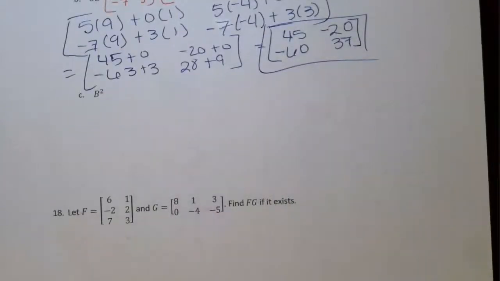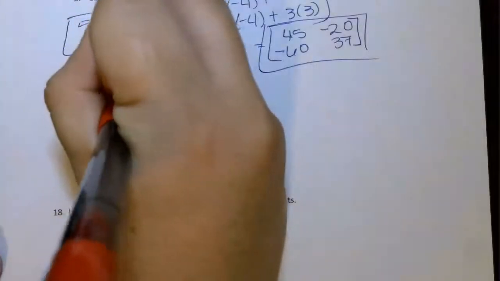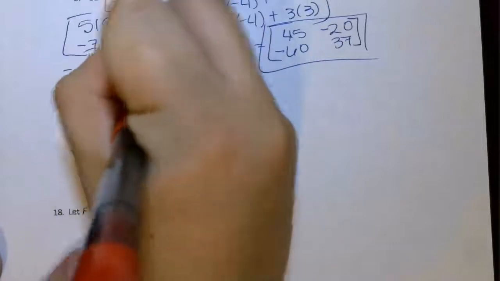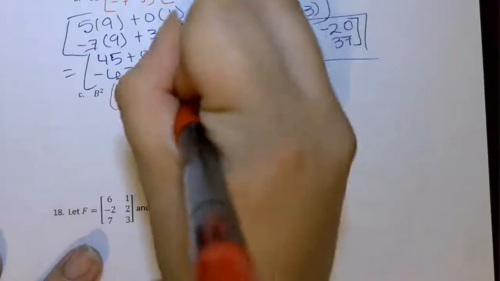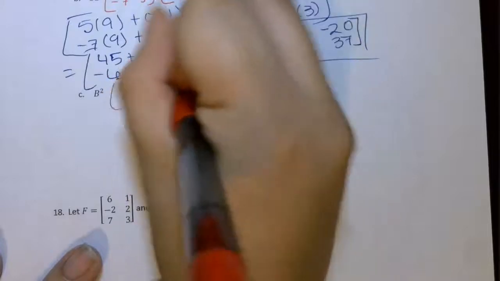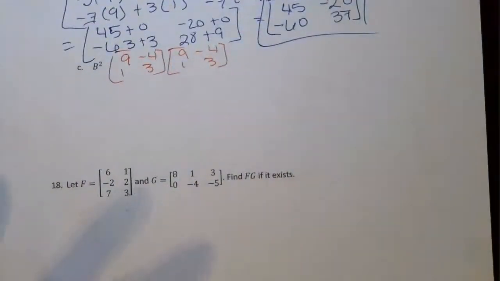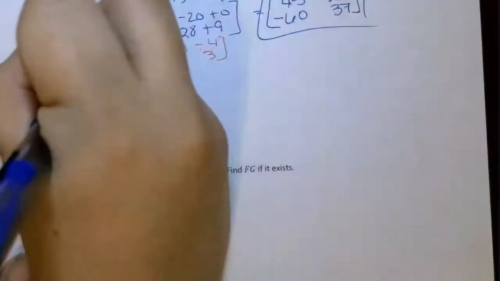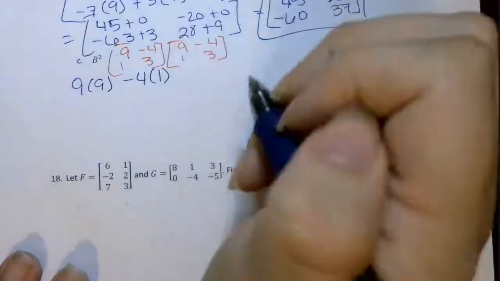Okay, then for C, it's doing B squared, so this means I'm multiplying 2 of the B matrices together. So I have 9, negative 4, 1, 3, times 9, negative 4, 1, 3. So I'm going to do these rows with these columns. I have 9 times 9 minus 4 times 1.